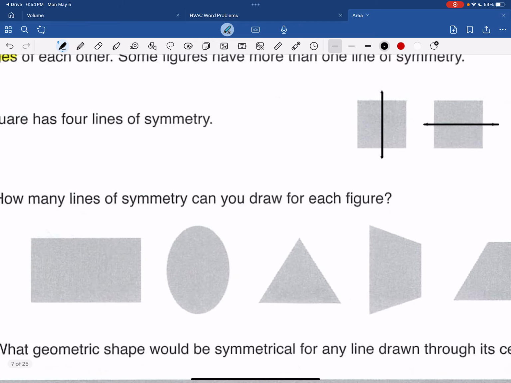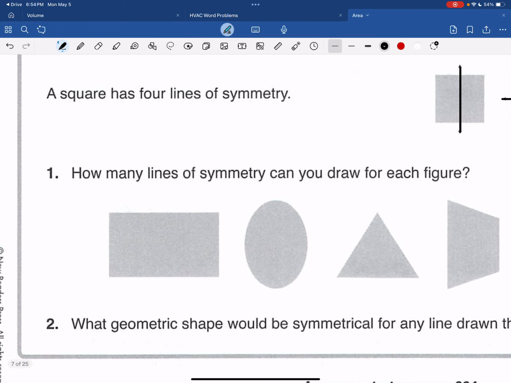How many lines of symmetry can you draw for each figure? All right, for the rectangle, I'm going to show you 4 lines of symmetry. And I'm going to change color every time. So we can do a horizontal. We can do a vertical.